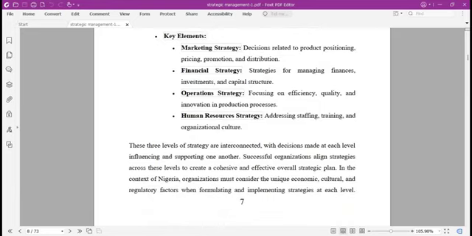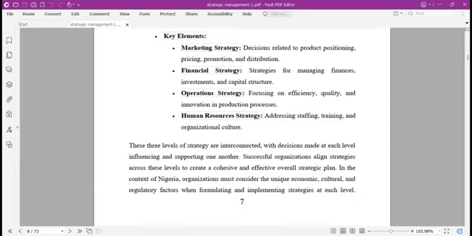These three levels of strategy are interconnected, of course. The corporate level, the business level, and the functional. They are intertwined. They all work together. They work hand in hand with decisions made at each level, influencing and supporting one another. Successful organizations align strategies across these levels to create a cohesive and effective overall strategic plan.